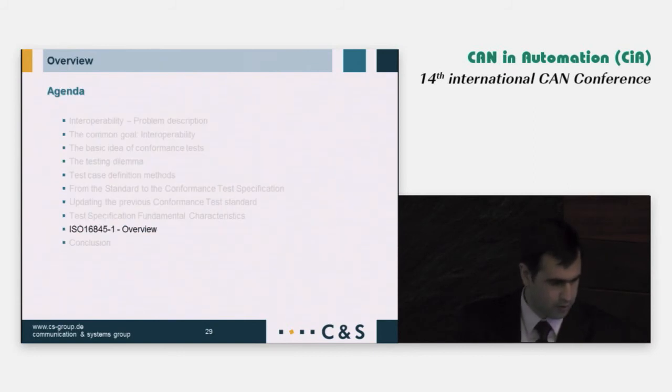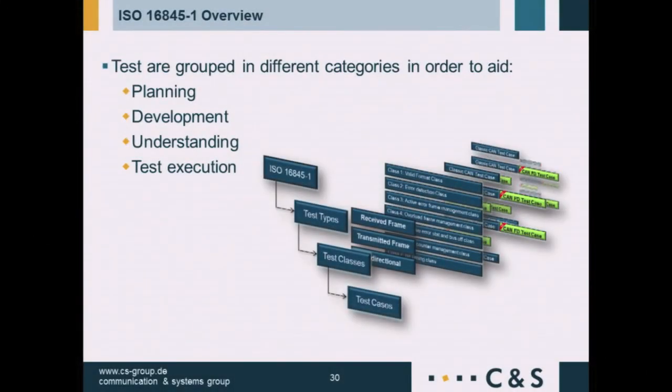So now, very briefly, I would like to show how the new CAN FD test cases impact the structure of the new conformance test specification, ISO 16845. Now, as we see here, it's all about grouping.